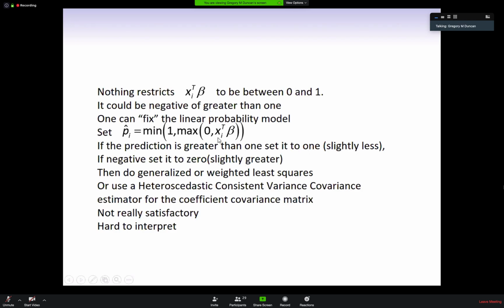Let's say it's not 0, then it's xi transpose beta, and I want the minimum of those two. If xi transpose beta is less than 1 but greater than 0, then xi transpose beta is the minimum, and pi becomes xi transpose beta. If xi transpose beta is greater than 1, the minimum is 1, and so this becomes 1. So this forces it to be between 0 and 1.